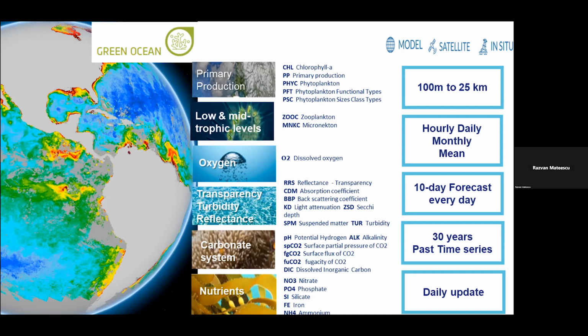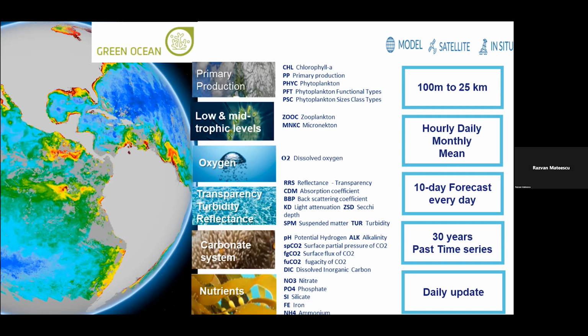In carbonate systems, you have data for pH and also alkalinity, data about CO2 parameters, but also dissolved inorganic carbon. And for nutrients, nitrate, phosphate, silicate, and iron, and ammonium as well.